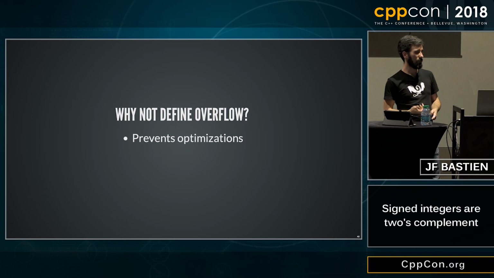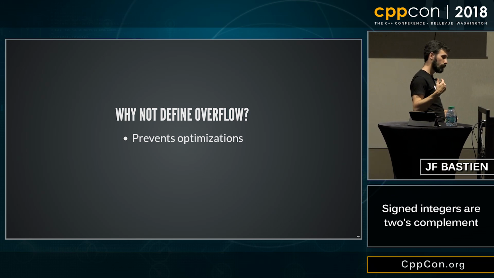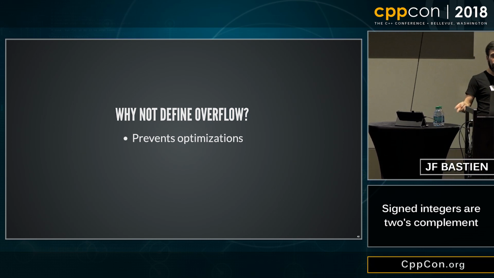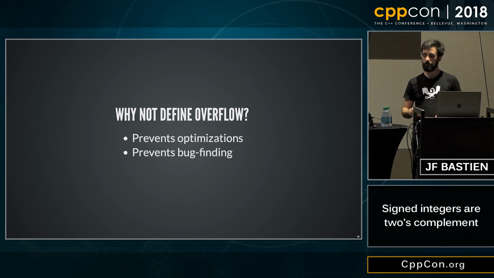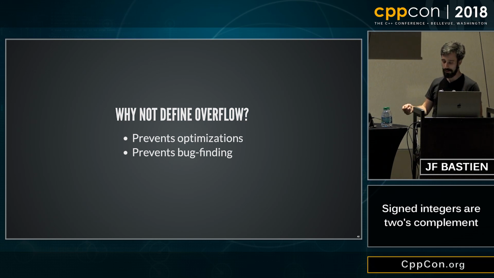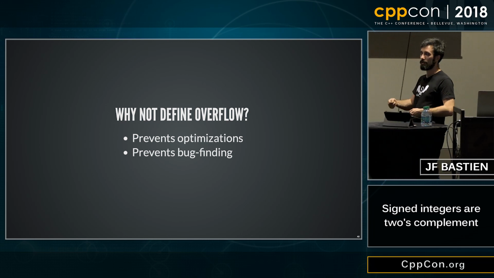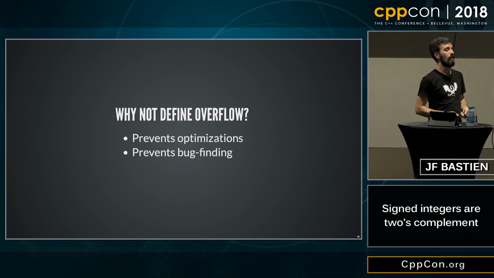Well, it prevents optimizations, and I'll go into that a bit more later. That's one of the big arguments: you do the wrapping behavior, and that prevents me from optimizing things. Second thing it does is it prevents bug finding. That's a bit of a weird argument, but if you think about it, UBSan is a valid implementation of C++. What it does when you hit undefined behavior is it tries to trap. It doesn't do it for all undefined behavior, but that's what it tries to do.